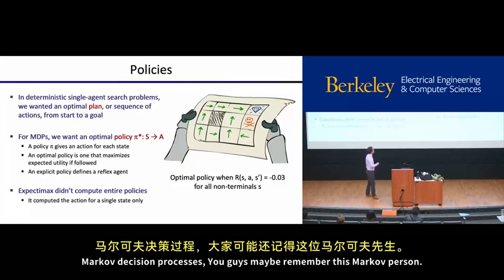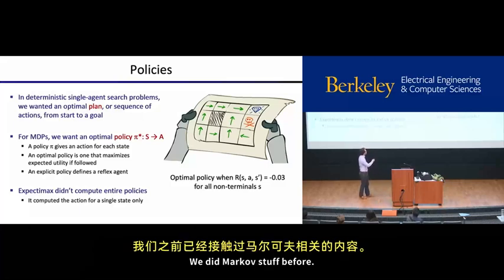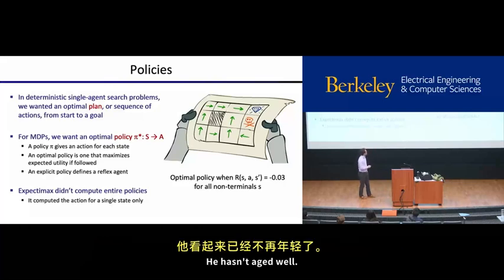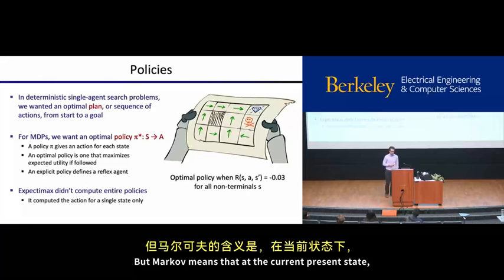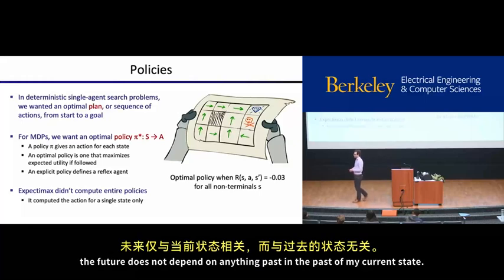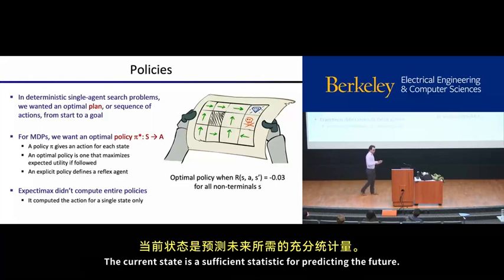Here's my policy: if I'm in those states, I go up; in those states, I go to the right; in those states, I go to the left. This is a policy. It maps from states to actions. And we want to find an optimal policy. An optimal policy is one that guarantees us the maximum expected utility. Okay, so that's the goal. We want to get one of these policies.